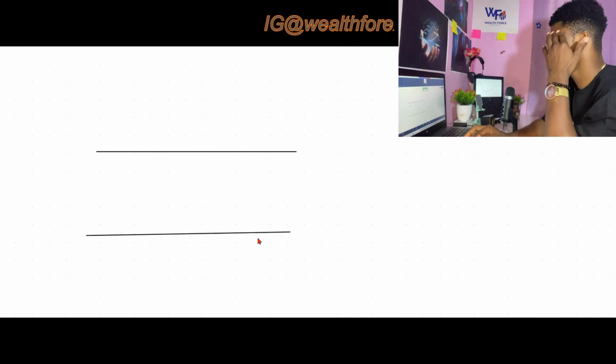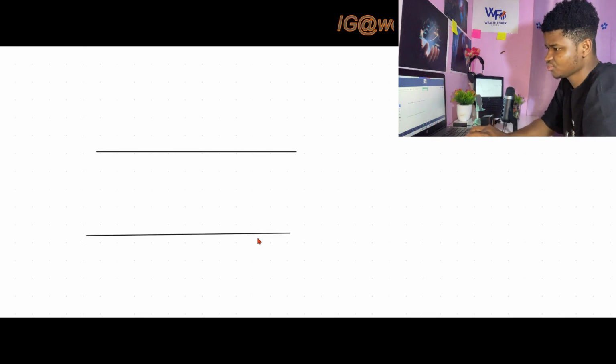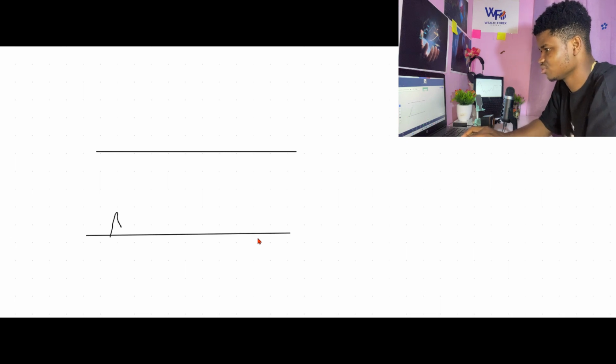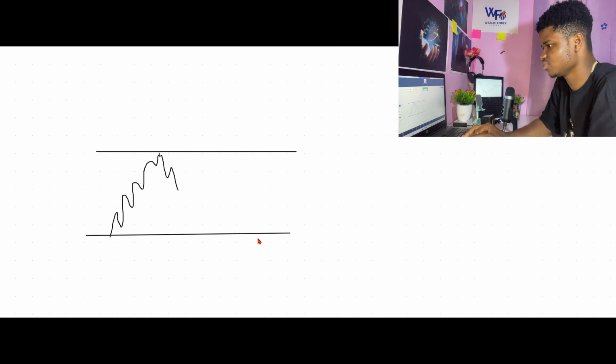Now let's say we are in a market. This is a market, and the price is moving up and down until it gets to this point, and then it drops back down again.